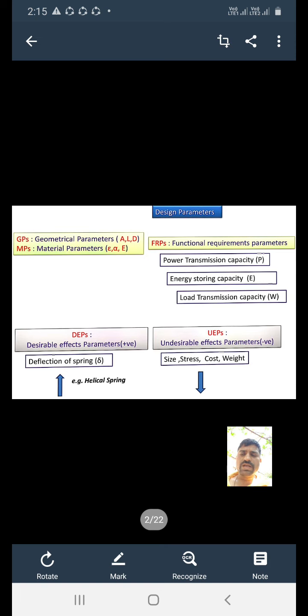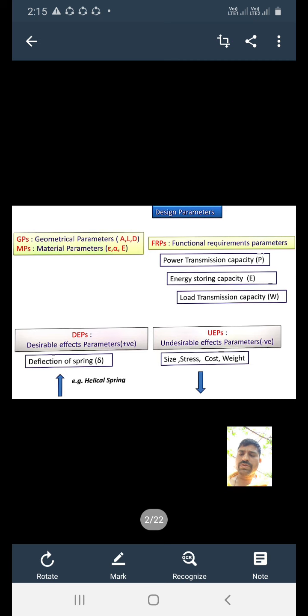In the spur gear, there are different parameters; we have already seen them in the MQC subject, also in the design subject: module, number of teeth, face width, pressure angle, addendum and dedendum. It is always advised to select independent geometrical parameters which uniquely define the geometry of the mechanical element.